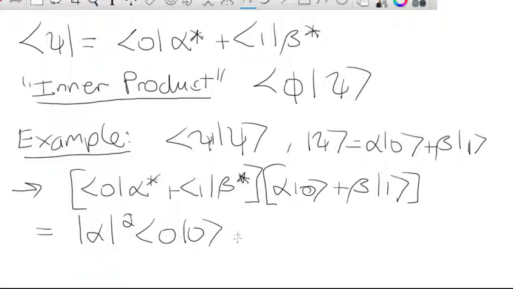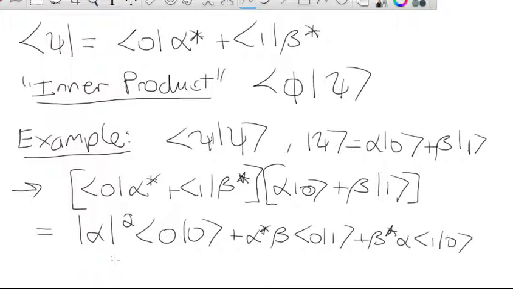And we have bra 0 acting on ket 0. We'll come back to that in a moment, but let's finish multiplying everything through. So we have alpha star beta bra 0 ket 1, plus beta star alpha bra 1 ket 0, plus the last term, where we have a modulus squared again, this time of beta, and we have bra 1 ket 1.